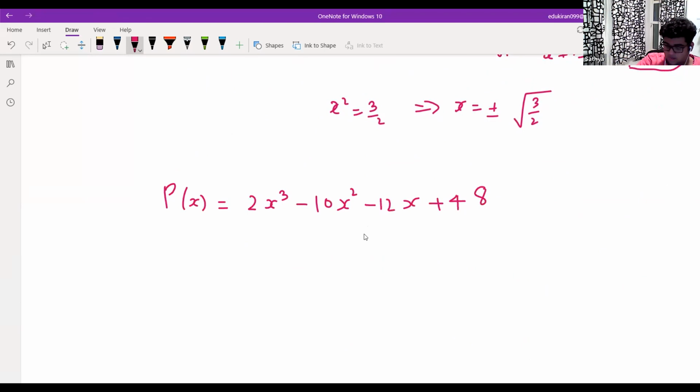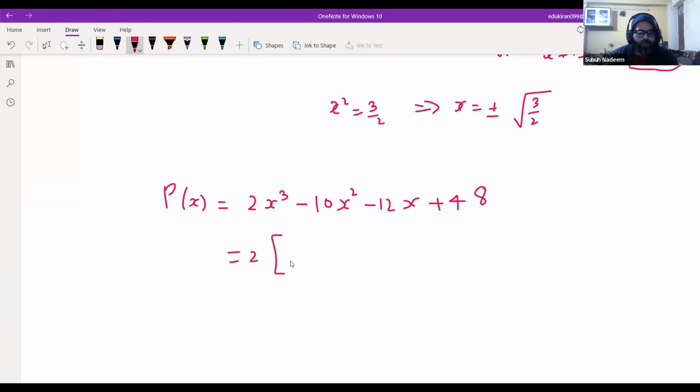I think we can take 2 as common, right, sir? Yes, you can take 2 common. So it will become x cubed minus 5x square minus 6x plus 24. Then what needs to be done?